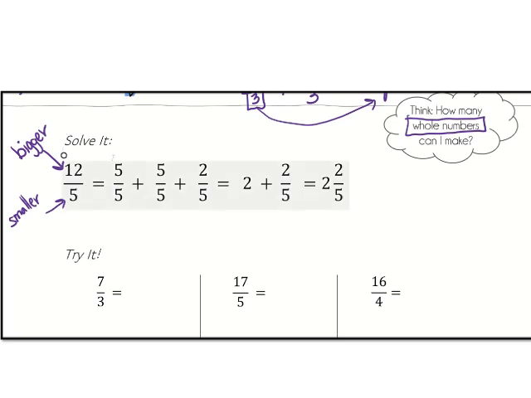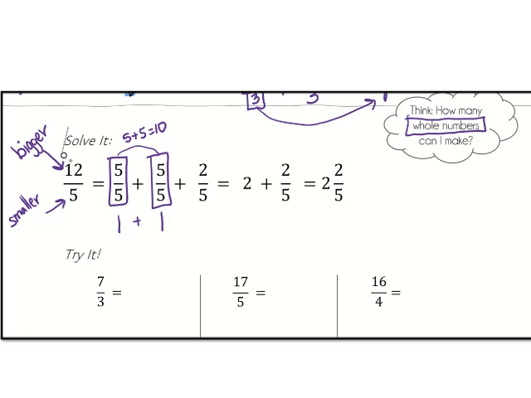So here we have 5/5, and I can box that. That tells me that that is worth one whole number. And then they made another group of 5/5. That's another whole number. If I think about those, 5 plus 5 equals 10. I had 12/5 to start. I now use 10/5 to make these.